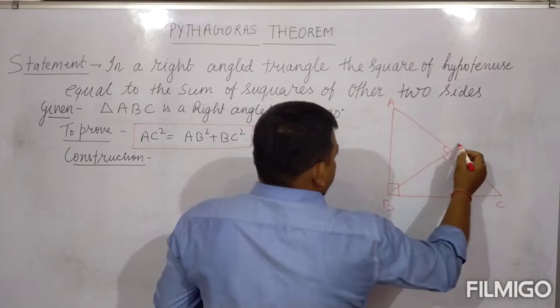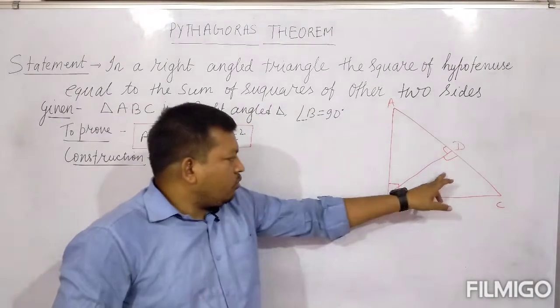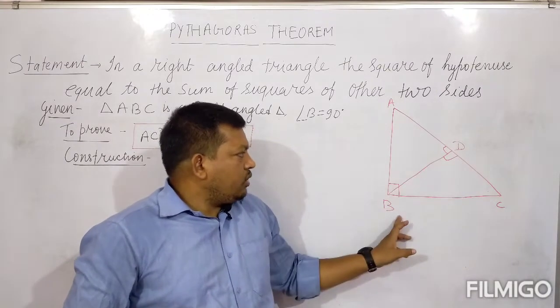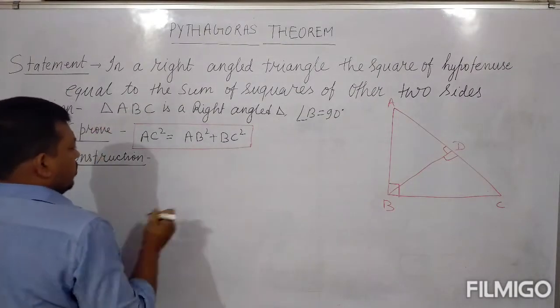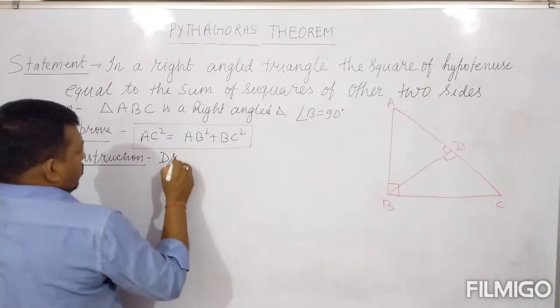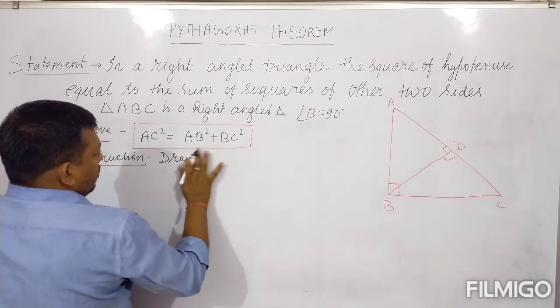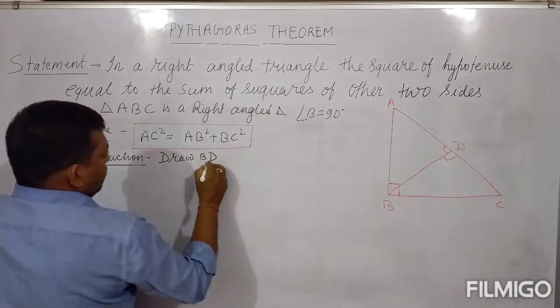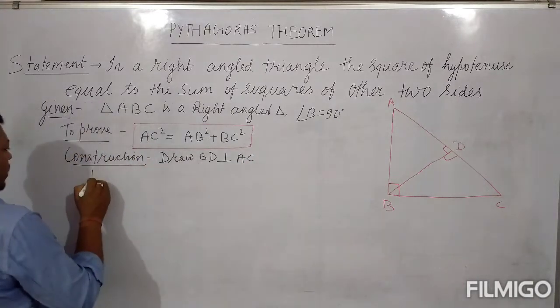Name it D. This is the construction we have to perform. Write it down: draw BD perpendicular on AC.